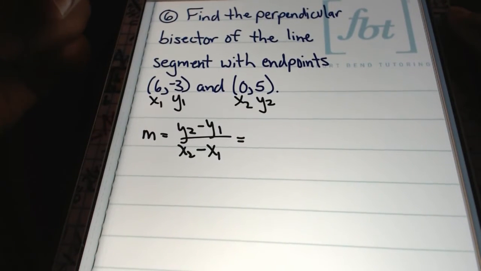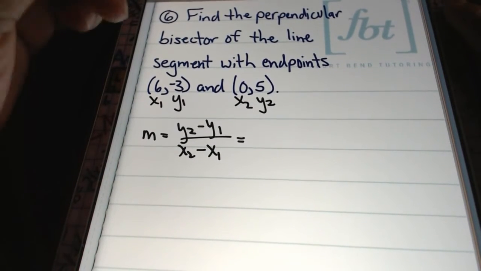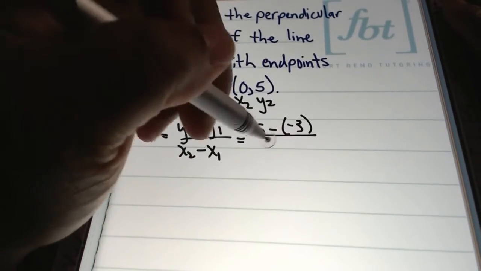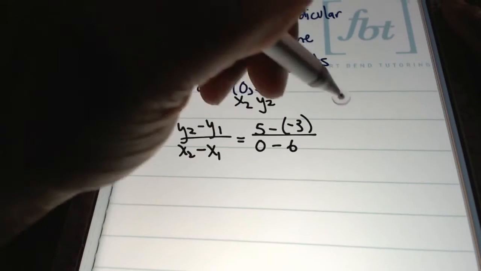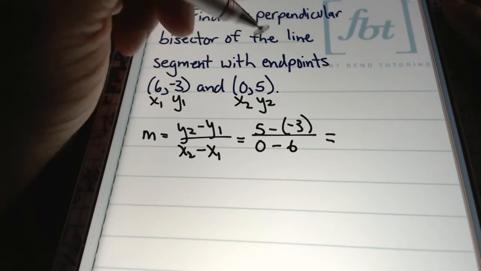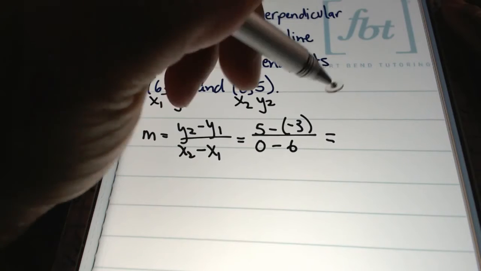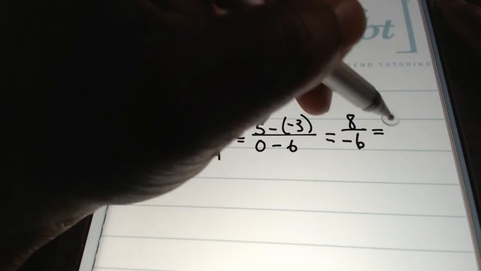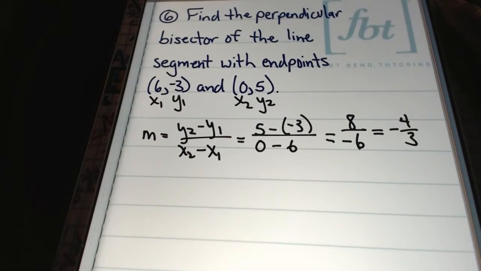Plugging in our values, we'll have 5 minus -3 divided by 0 minus 6. In the numerator, 5 minus -3 is equivalent to 5 plus 3, so we end up with 8 over -6, which reduces to -4/3. So the slope between our endpoints is -4/3.